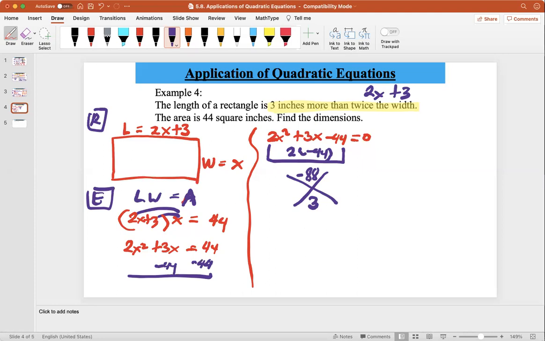You can only find a negative product if your factors are positive and negative. So let's look at these numbers. What are the factors of negative 88, if the sum is 3? We can try out all those numbers that we know.